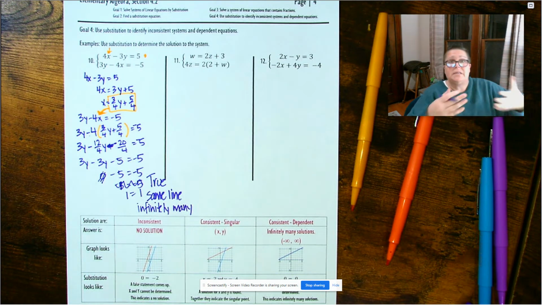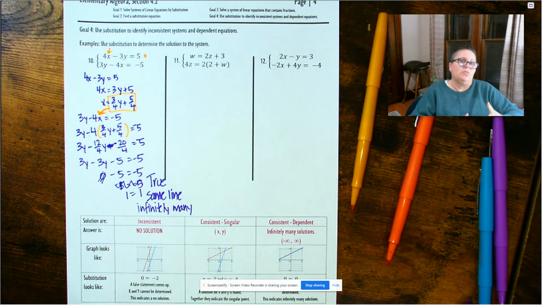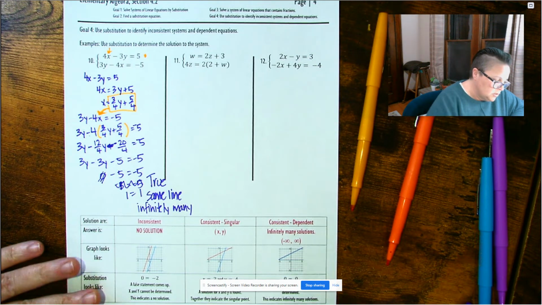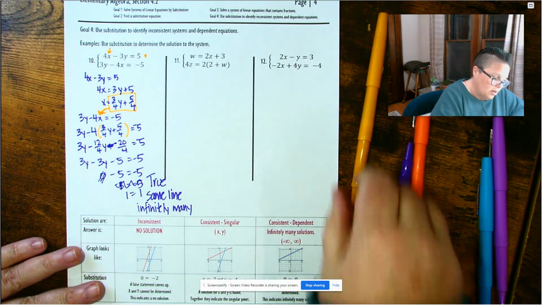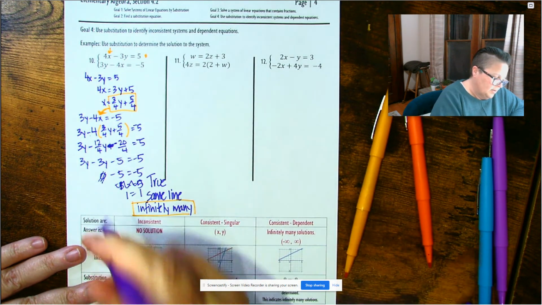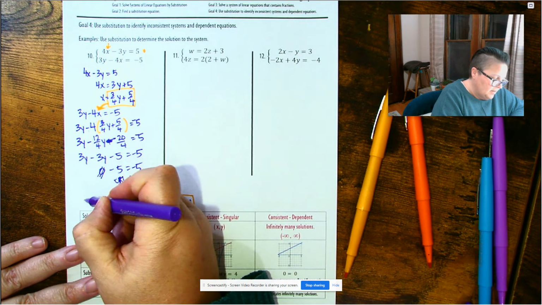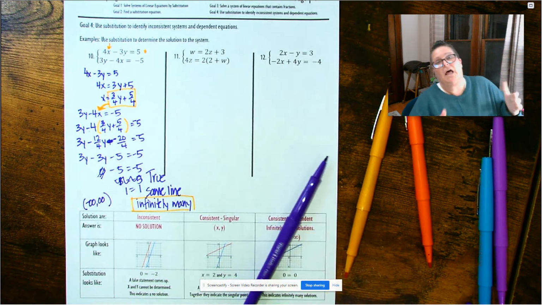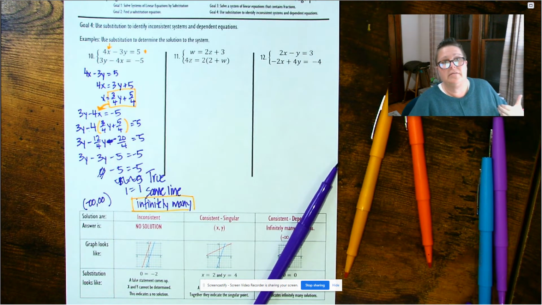This is, using substitution, the outcome that you get when you have the same line being copied over. A consistent solution with a dependency. In other words, whatever works for one line will work for the other. You can mark this by saying there are infinitely many solutions. You can also mark this, since it is infinitely many, by saying from negative infinity to infinity, because the lines are the same from beginning to end.